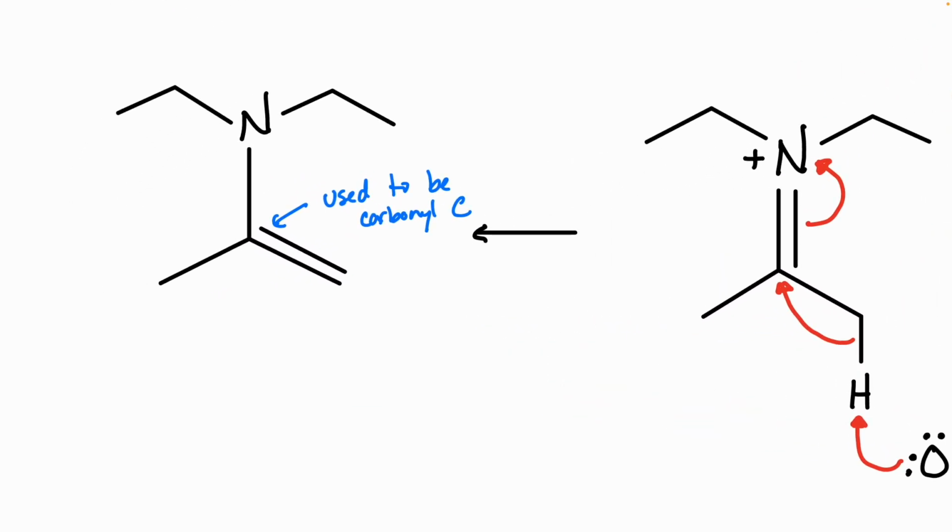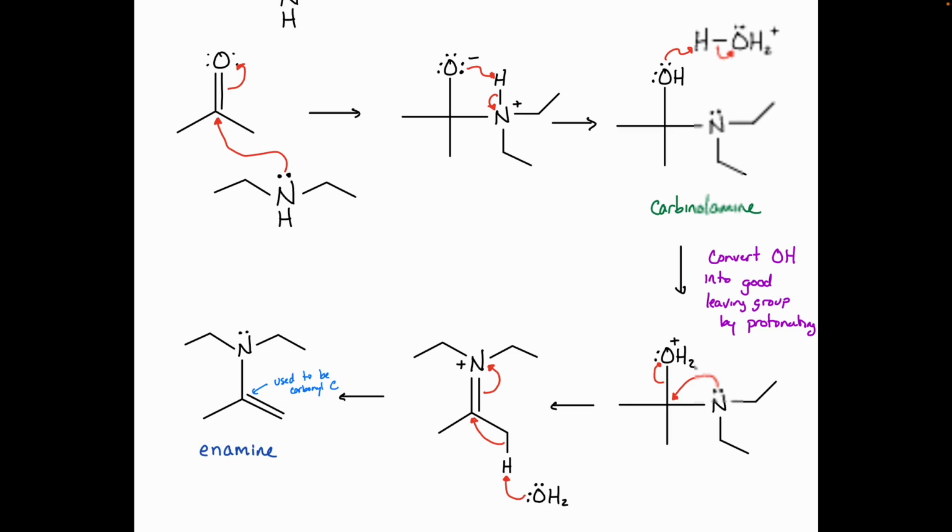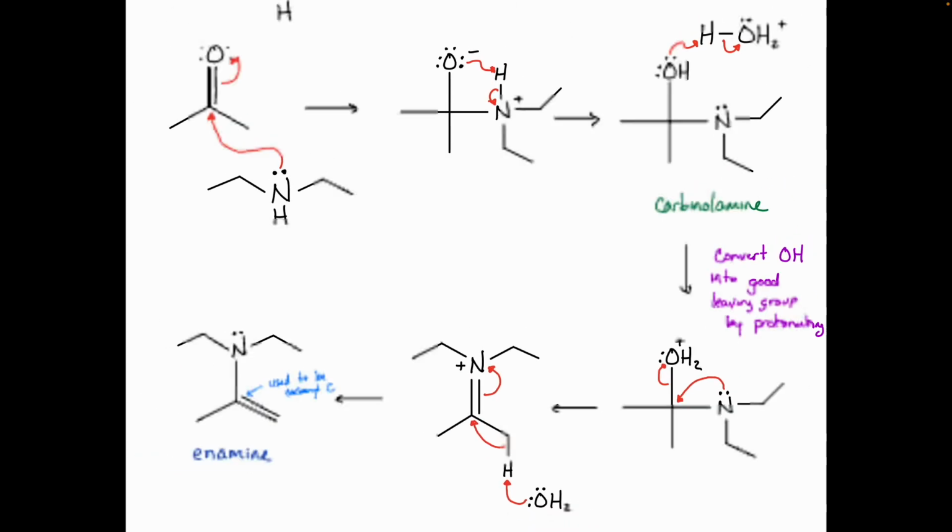All right, and don't worry, we got a fancy name for this one as well. This one with its carbon-carbon double bond, that ene ending, and its nitrogen, which I forgot its lone pairs, is what we call an enamine. All right, and so here's our enamine formation reaction mechanism.